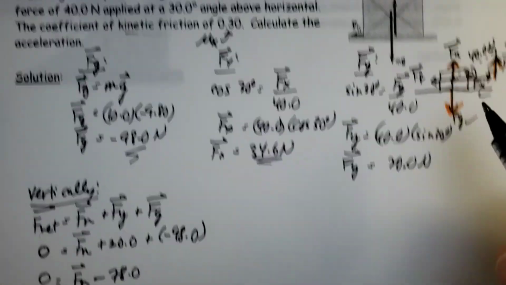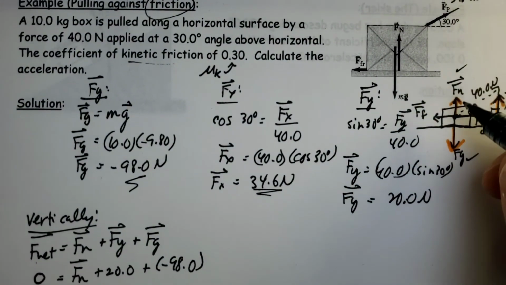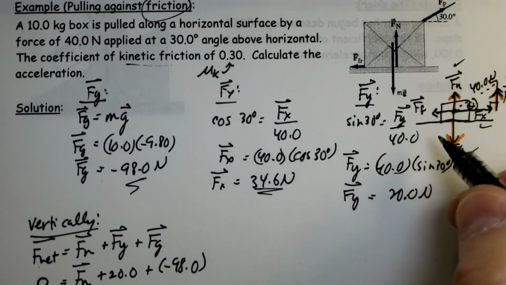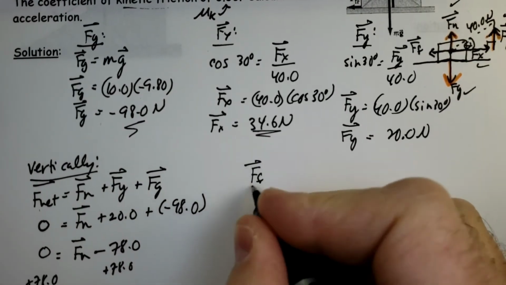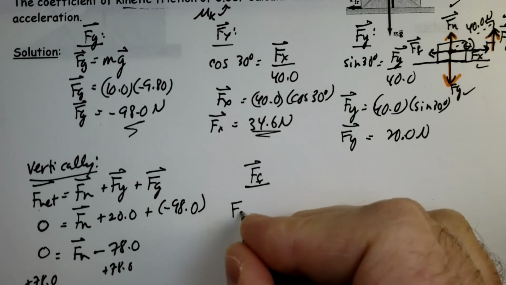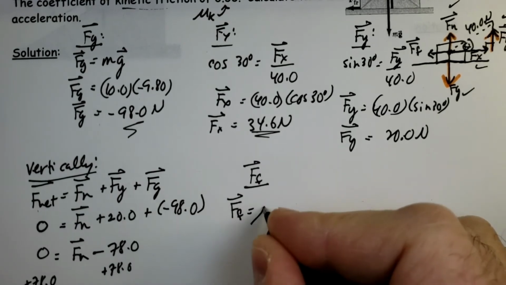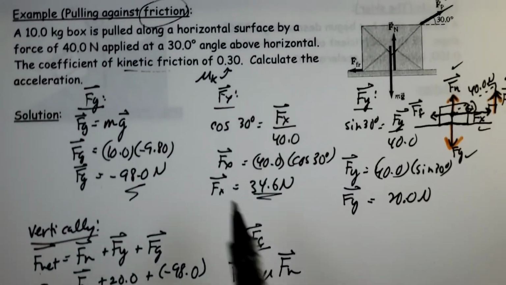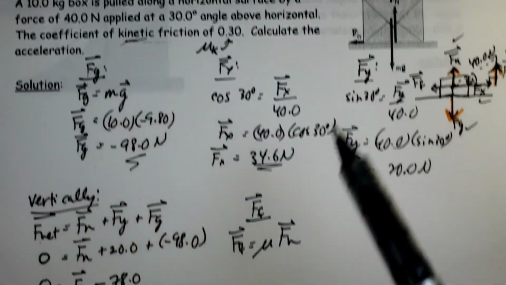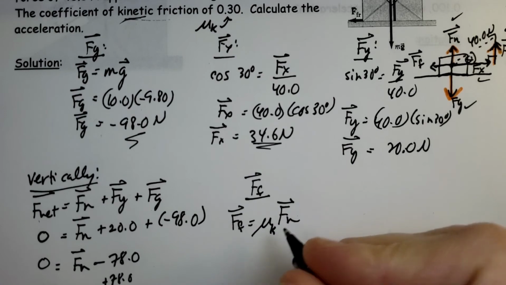Now, of course, that's going to help me figure out something else here. I know Fn, and I can figure out the last thing I need to know, Ff. Because Ff is equal to mu multiplied by the normal force. Now, I was told it was kinetic friction here, so technically it's mu k.